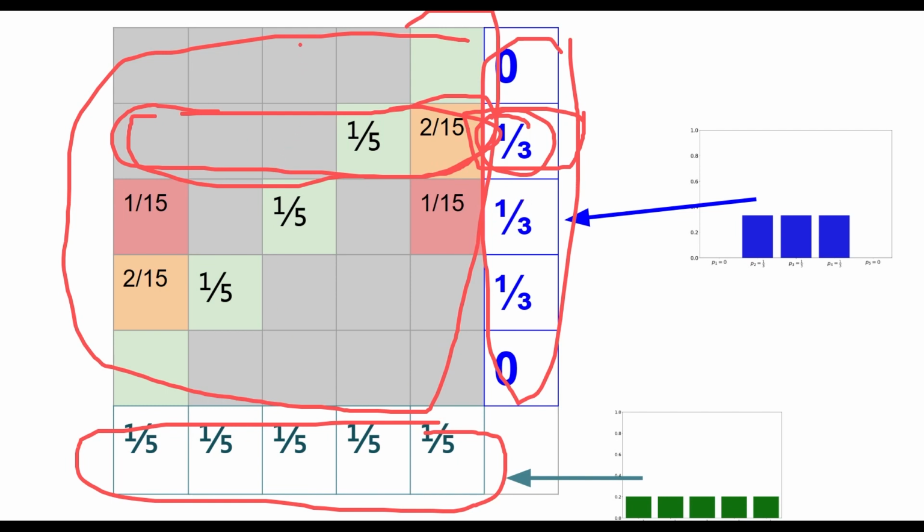And also for each column, the summation of the column should be equal to the number at the bottom, right there in the green. Okay, so that's the relation between the joint distribution and the marginal distributions.